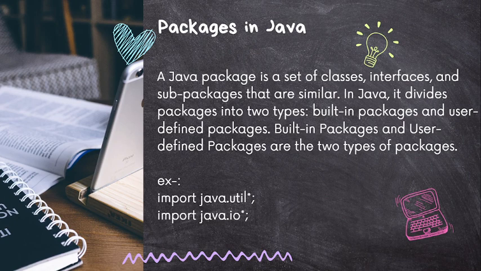And Java also has its own packages, which are built-in packages. For example, Java provides util, io, math, and there are many more packages provided by Java, in which classes are already implemented, which we can reuse in our program. So that is the purpose behind packages.